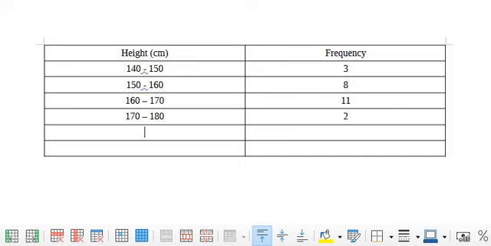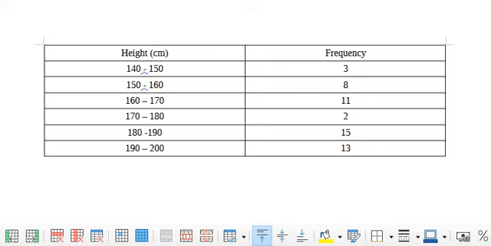Then 180 to 190, there are 15 candidates. Then 190 to 200, there are 13 candidates. So this is the data table.